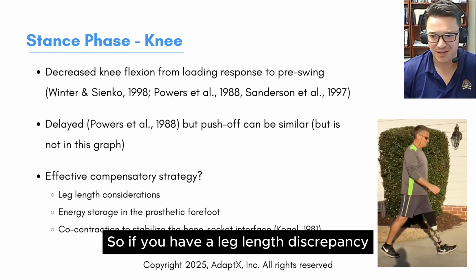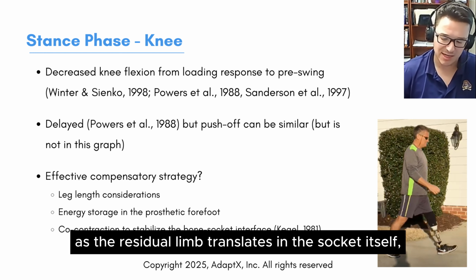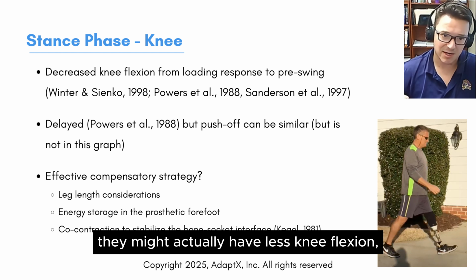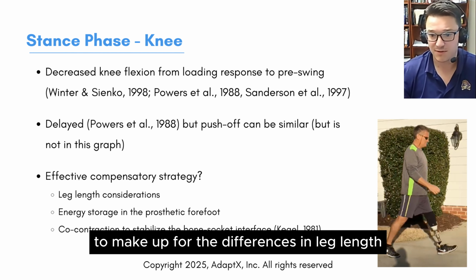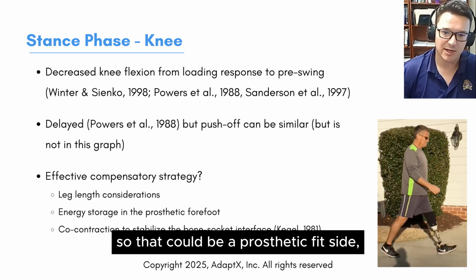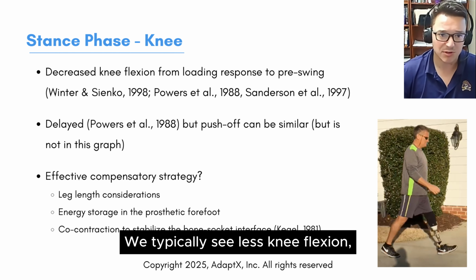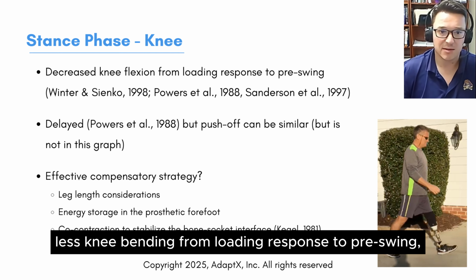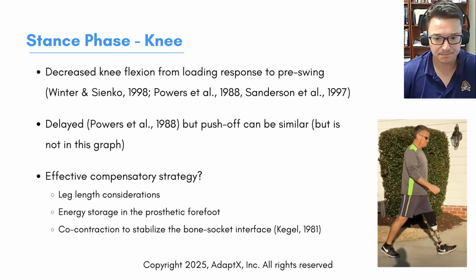So if you have a leg length discrepancy, because as the residual limb translates in the socket itself, they might actually have less knee flexion, try to keep it as straight as possible to make up for the differences in leg length. So that could be a prosthetic fit side, that could be a component piece. We typically see less knee flexion, less knee bending from loading response to pre-swing, so during mid stance, than we do with a person on their biological limb without amputation.